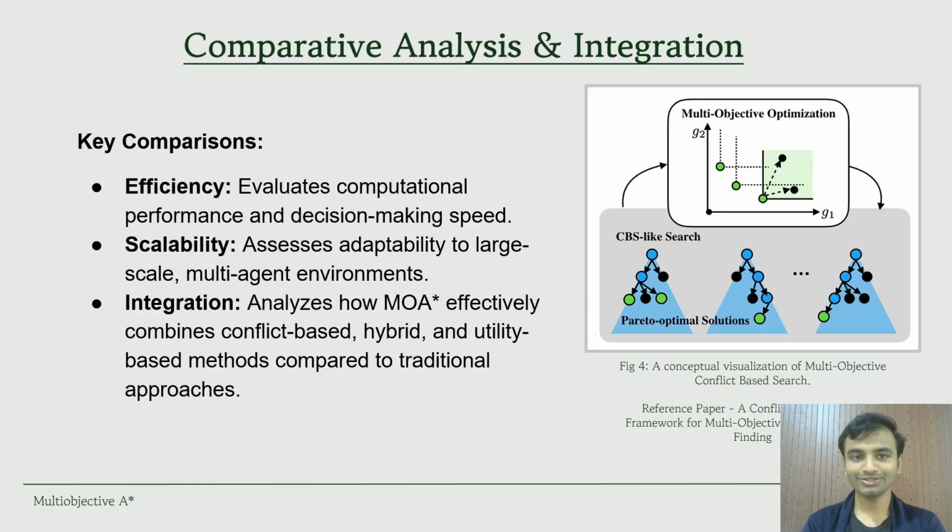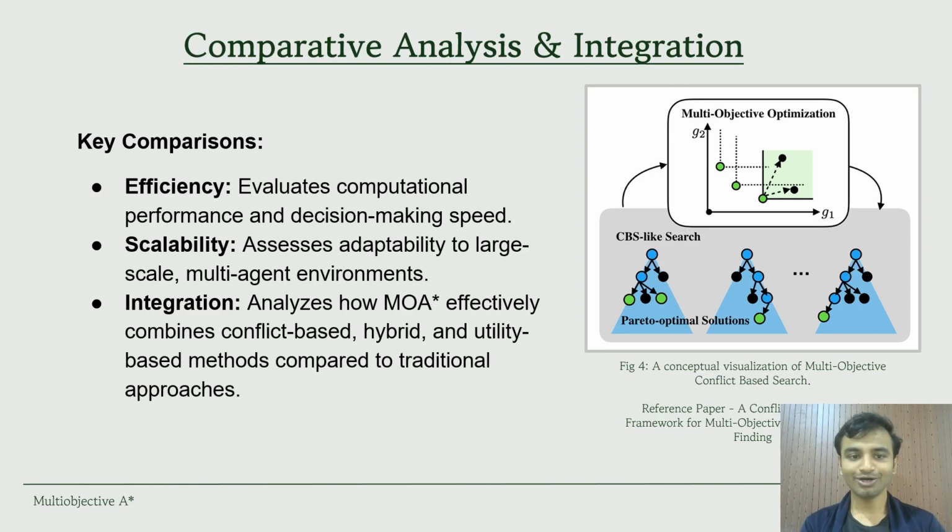Moving on to the next slide, there is comparative analysis and integration. In the comparative analysis and integration, all the papers that we talked about previously are categorized in the 3 categories, and these 3 categories give us the benefits of 3 key components. First one is efficiency. It helps us with decision making speed. Second is scalability.